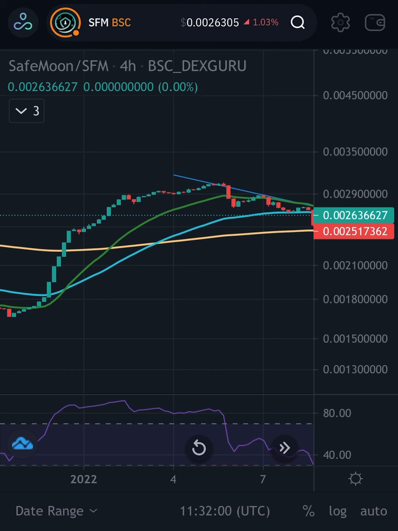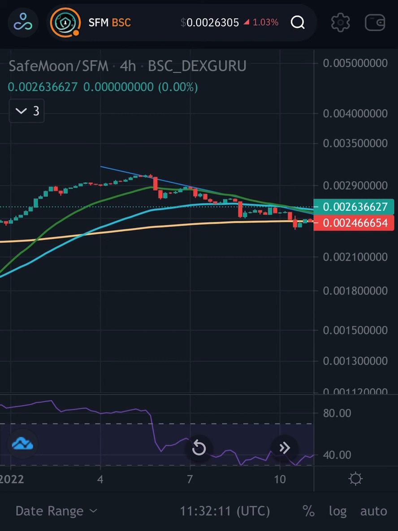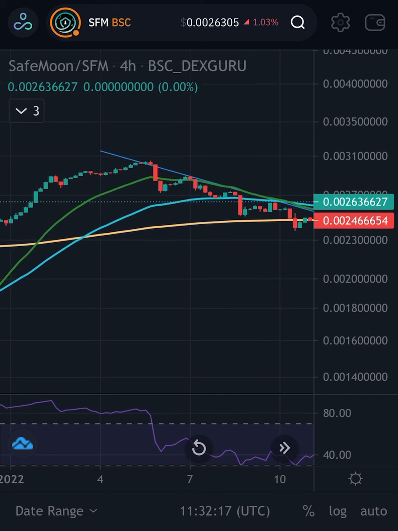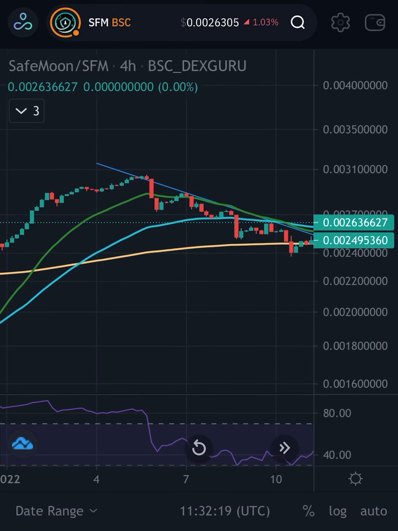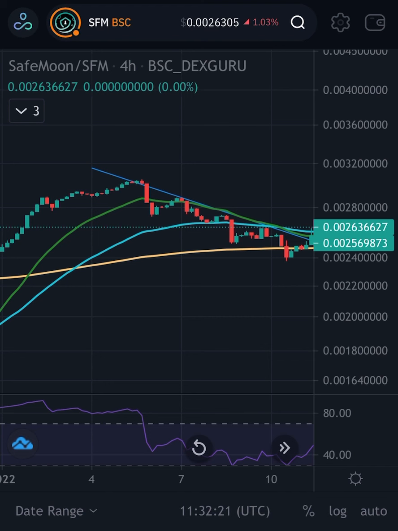As more people start to sell, then it will consolidate and come back down into the purple shade. So that's just the RSI aspect of what was happening with Safemoon in late December, beginning of January.